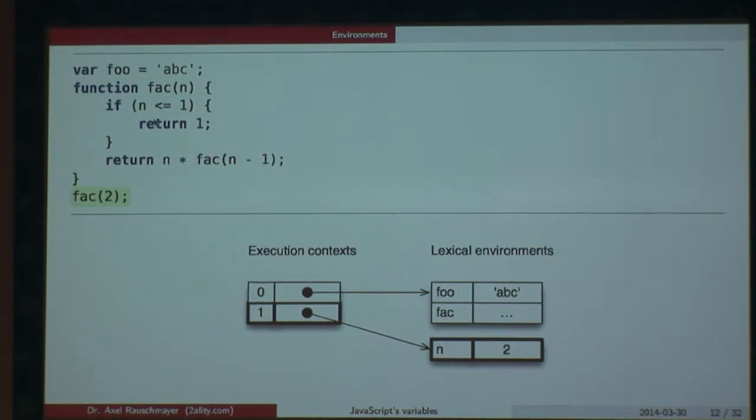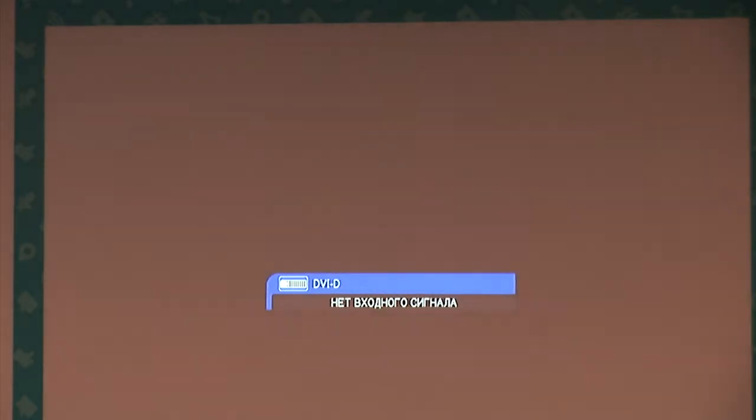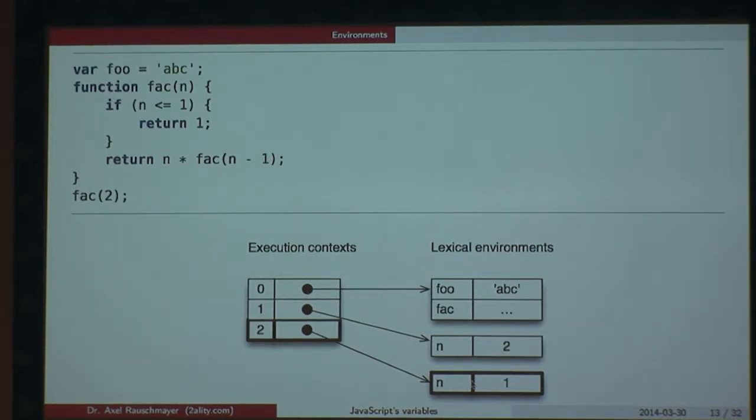Then, because n is not yet less than or equal to 1, we continue and make another function call. That means we add yet another environment to the stack. This time, because fac calls itself with n minus 1, it calls itself with 1, which is why the new value of n is 1.